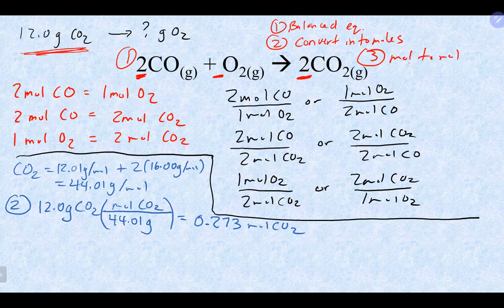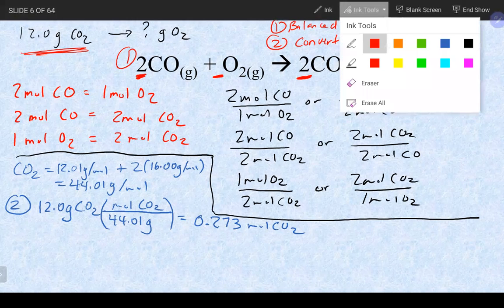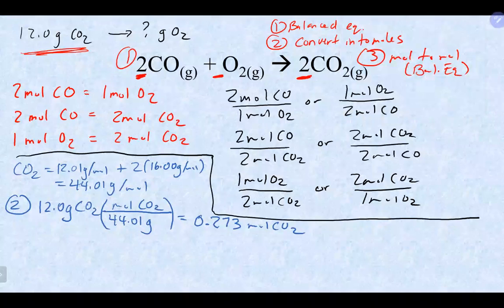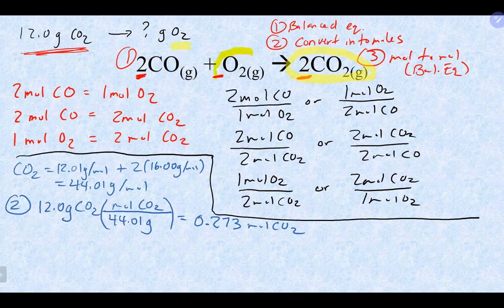You get that from the balanced equation. The reason we need to do that is, we were given information about CO2, but we're really interested in the end about O2. So we need a way to go from CO2 to O2, and that is where the stoichiometry comes in.